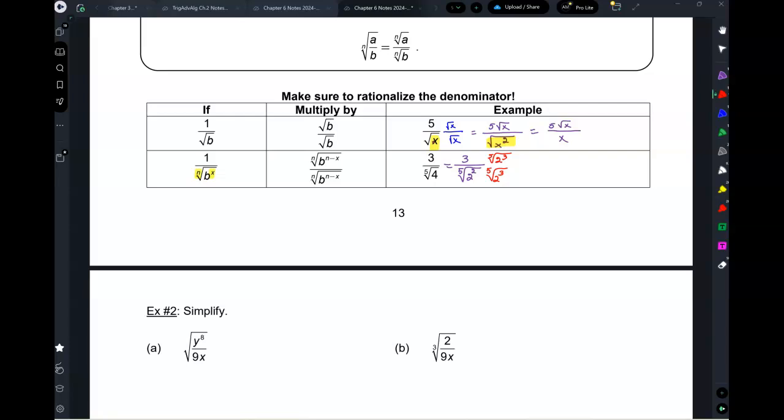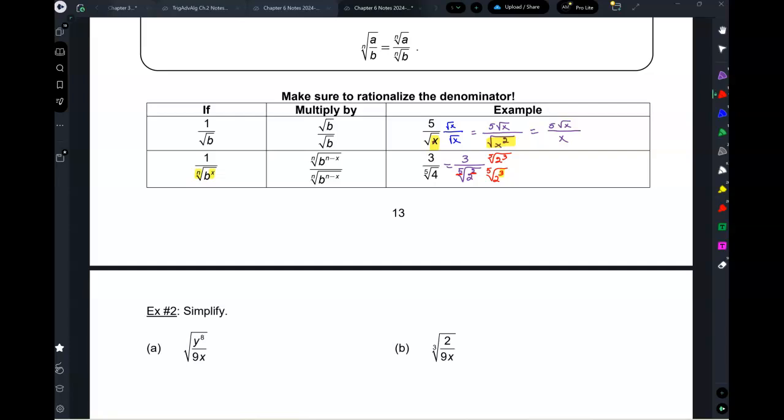Now, 3. I have 2. I need a total. Okay, so look up here. The exponent is the difference of this number and this number. 5 minus 2 is 3.